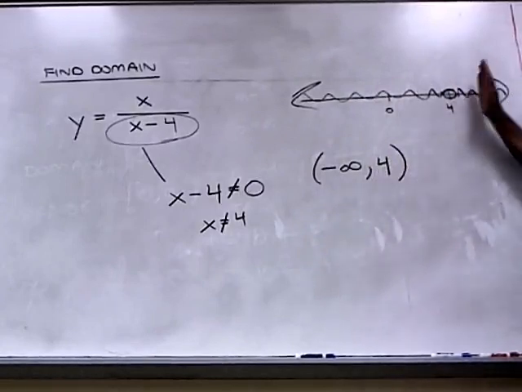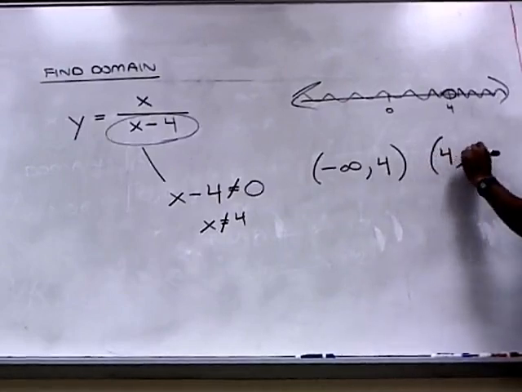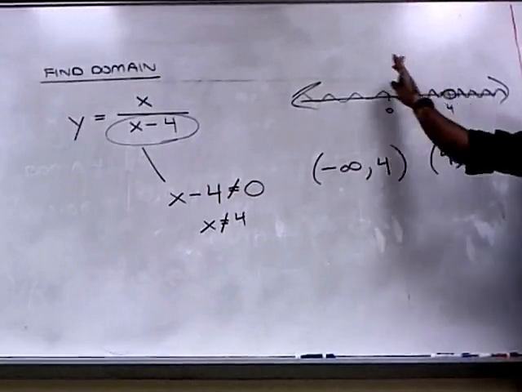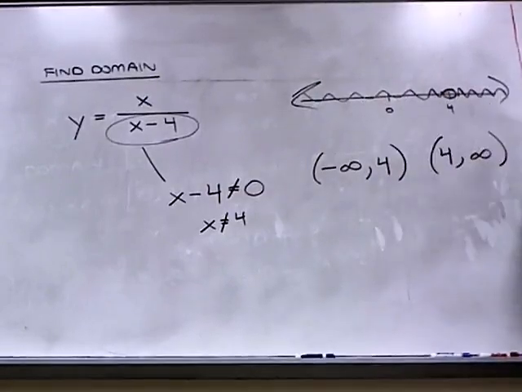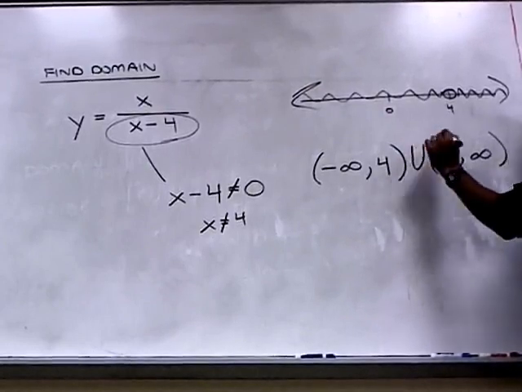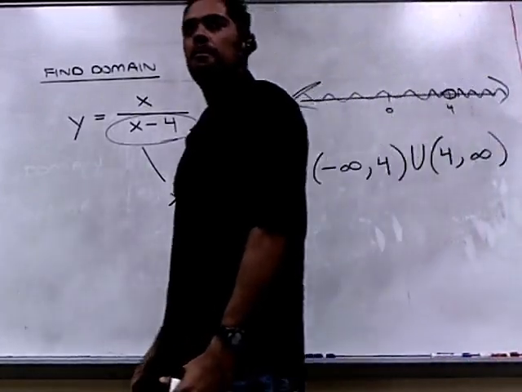And then we want to go from 4 on, so we say 4 with a parenthesis again, and then off to positive infinity. And so we have one interval which represents the left side of 4, one interval which represents the right side of 4. Anytime we have two intervals, we throw a big U between them, which means the union of those two intervals. That's your domain.